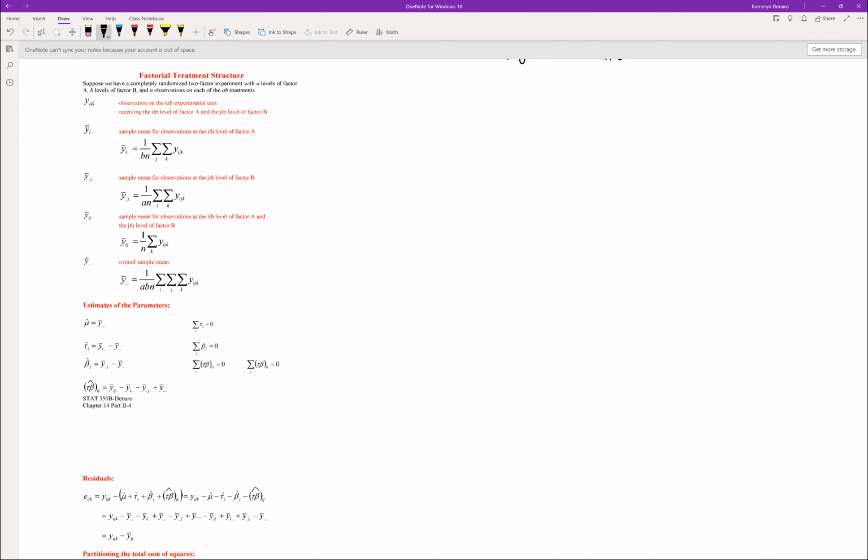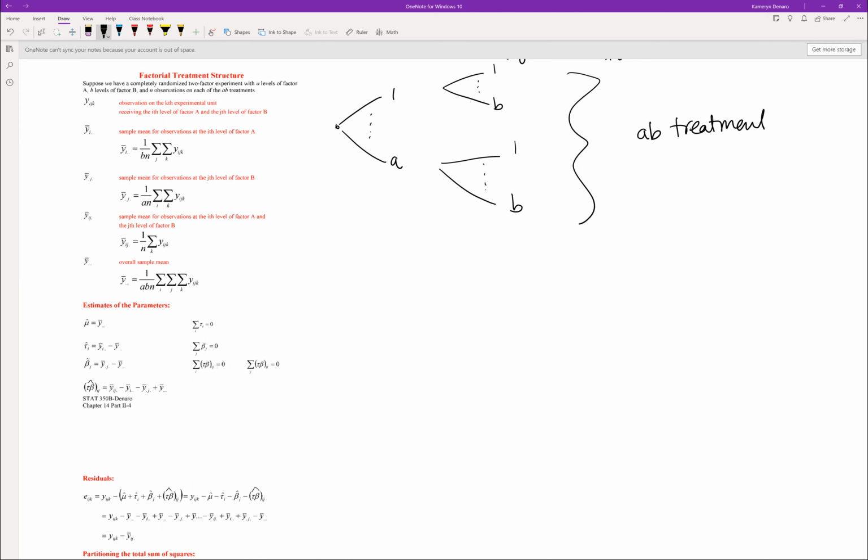So essentially we have level 1 all the way down to level A, and then level 1 all the way down to level B. So altogether, there are AB treatments total. Y_ijk is the observation of the kth person receiving the ith level of factor A and the jth level of factor B.